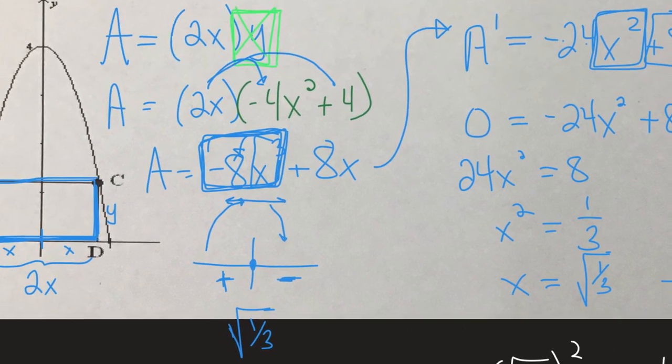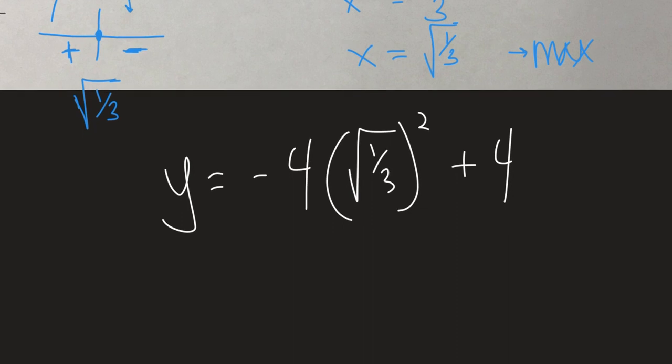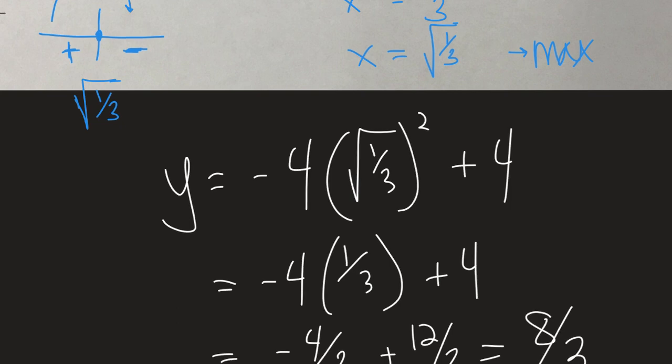That was our formula from up here. -4 times 1/3, because that's what happens when we square a radical, is -4/3 plus 4. 4 as thirds is 12/3. So -4/3 plus 12/3 is positive 8/3.